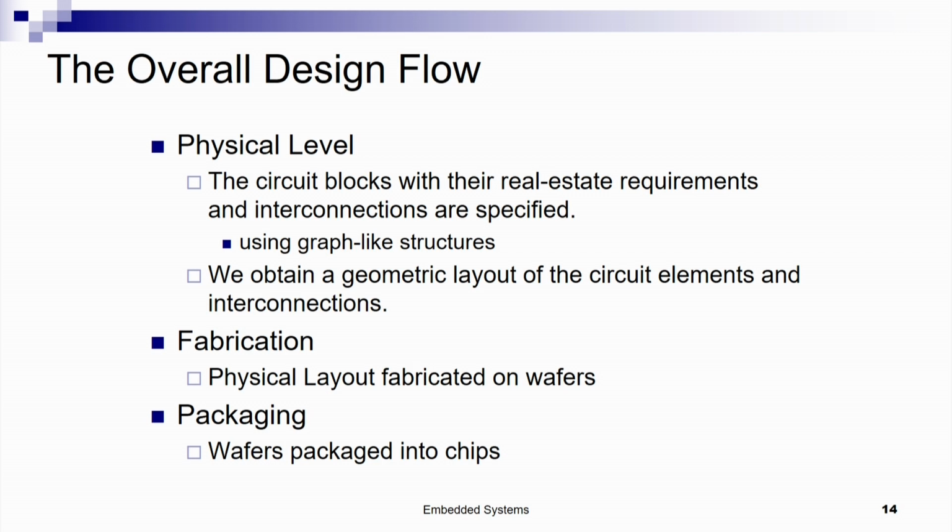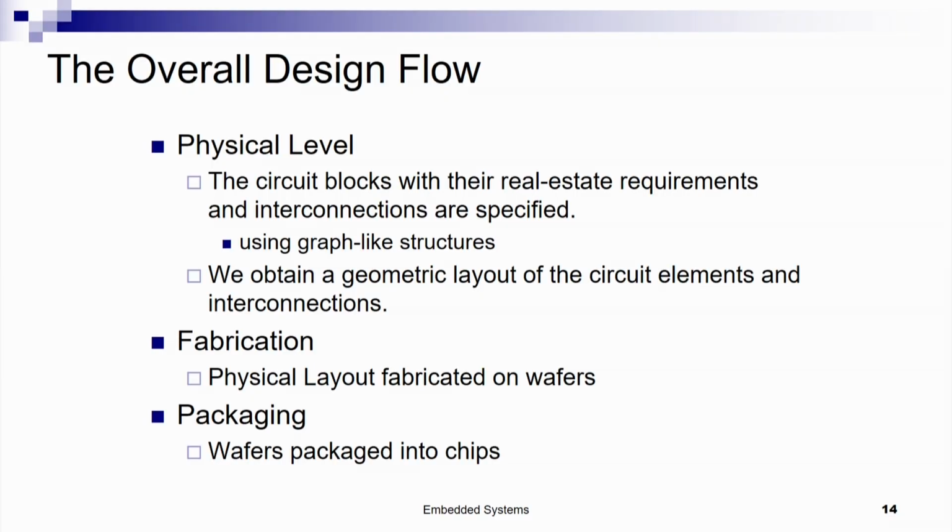The circuit will have different gate blocks, and each block of gates for different connected functions will have its real estate requirements known once we do the technology mapping and the circuit level design.